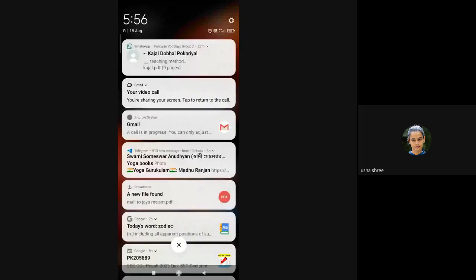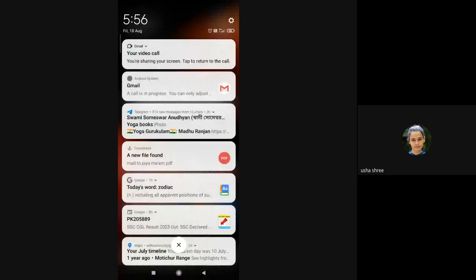Yes, that compact bone is made up of which material? Calcium and phosphate. Yes, calcium and phosphorus. Answer me in the chat box now.